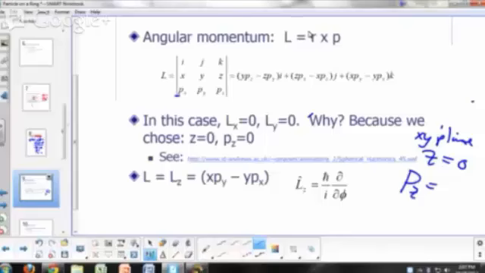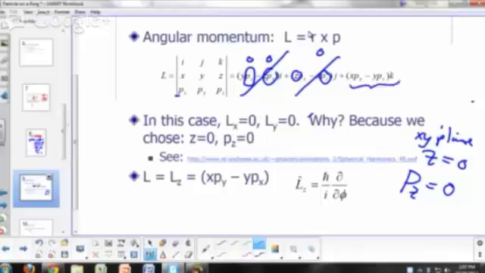There's no vertical motion, so p sub z is also 0. So z is 0 and p sub z is 0, so this whole thing is 0, and you're just left with that.